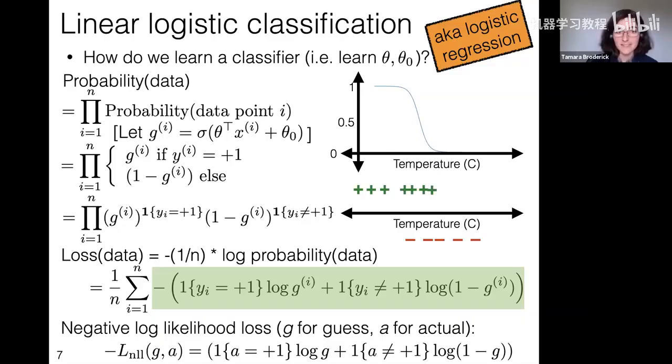Am I wearing a coat on the day described by i+1, et cetera? Even if those features were exactly the same, we could still think of those as independent, because yes, today might be 55 degrees and tomorrow might be 55 degrees, but I might just forget my coat one of those days, or something else random might happen. And so here we're just using this definition of the probability of the data as being the product of the probabilities of the data points.